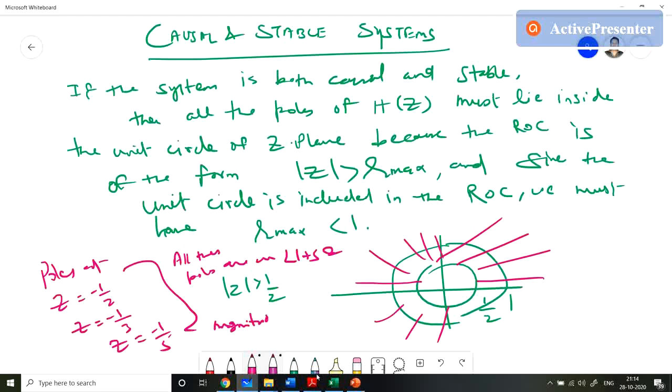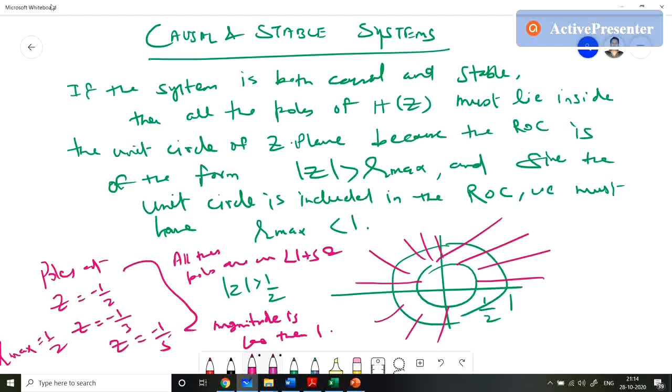Since it is a causal signal, R max is 1 by 2, and mod z is greater than 1 by 2. So this is an example.